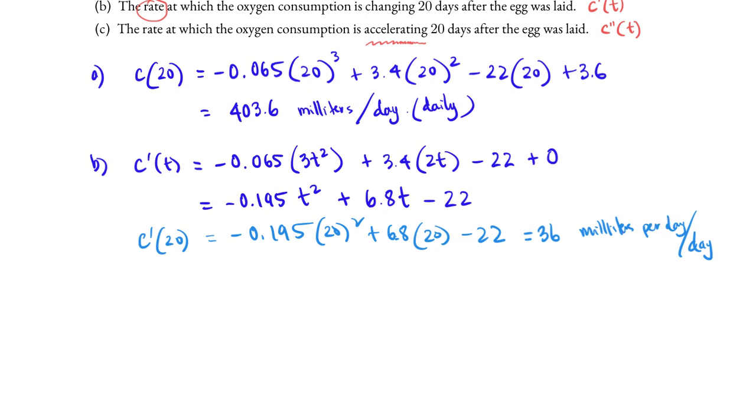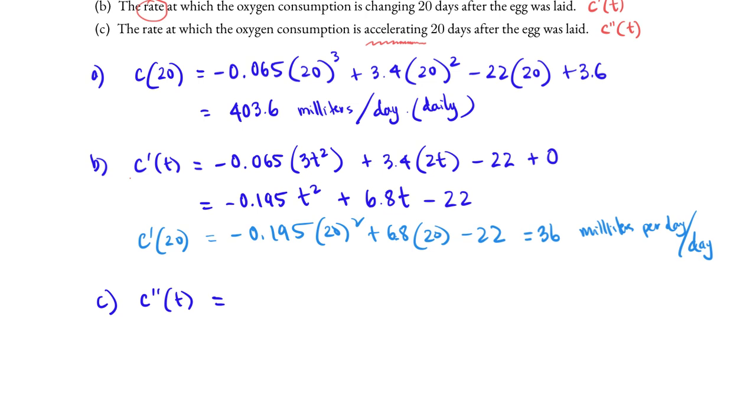Specifically, after 20 days, the oxygen consumption was 403.6 milliliters each day, but for each additional day, that amount increased by 36 milliliters.